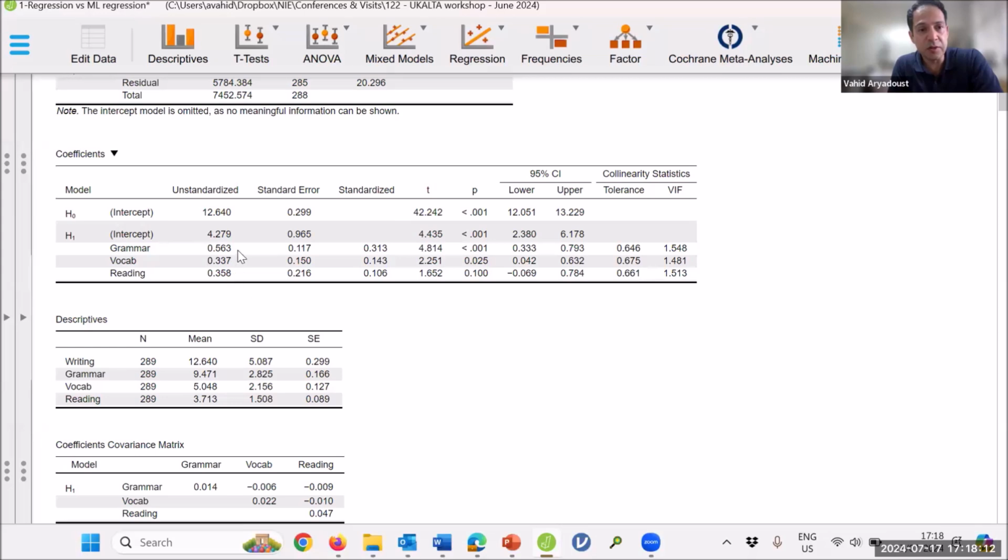As you recall, at the beginning of this session, I mentioned how unstandardized coefficients are interpreted. If grammar scores increase by 1 unit, the writing score increases by 0.563 units.